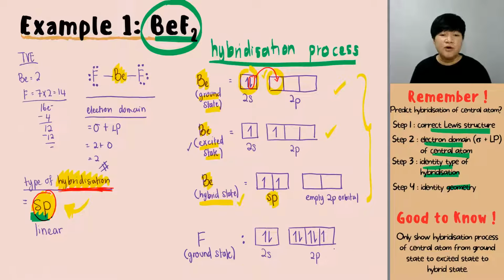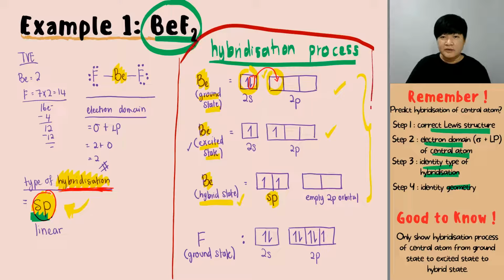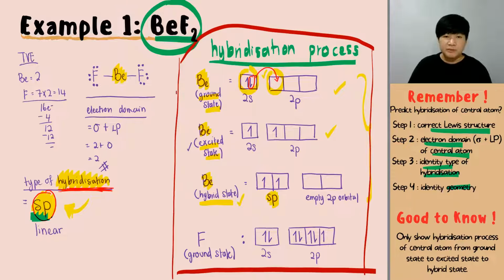So that is how your orbital diagram of the valence electron for fluorine at ground state looks, which is 2s2, 2p5. Okay? So the hybridization process is this entire process. Alright, this whole thing is what we call the hybridization process. Moving from the central atom ground state to the central atom excited state to the central atom hybrid state and then to the terminal atom ground state.